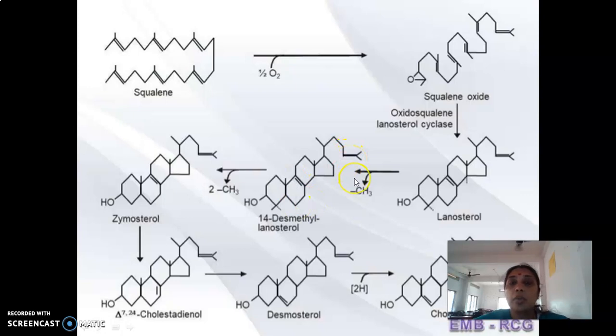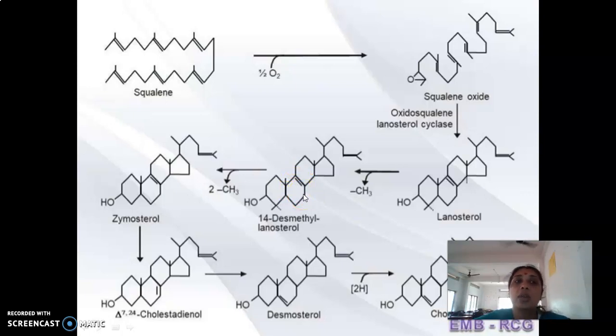After that, 4-alpha-methyl delta 8 cholesterol can be formed. Then this double bond shifts from the 8th position to the 7th position, so that 4-alpha-methyl delta 7 cholesterol is formed.